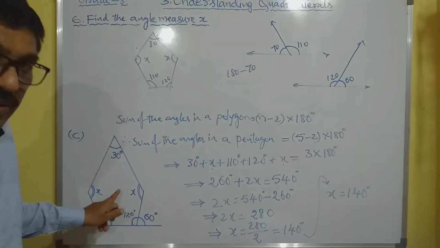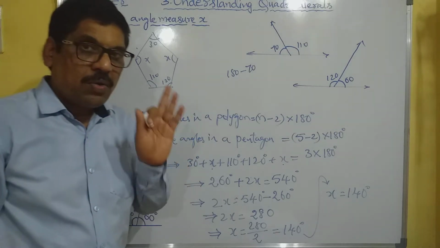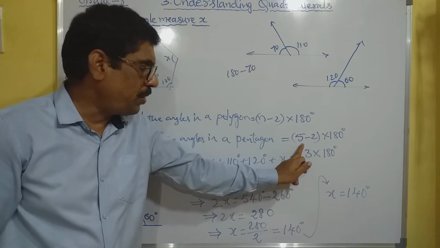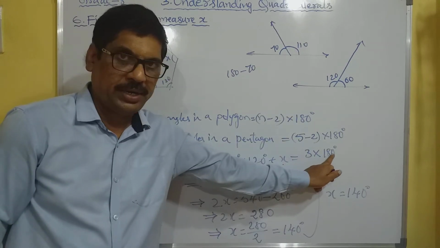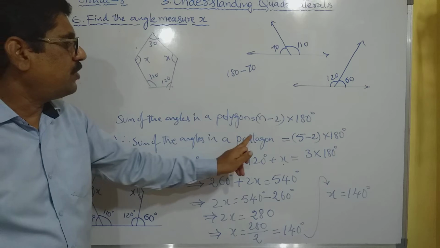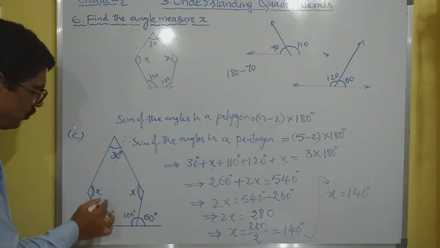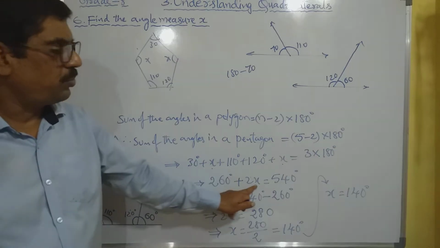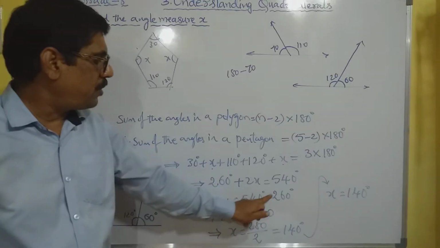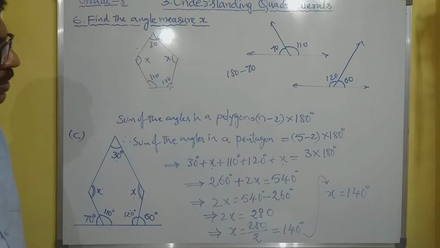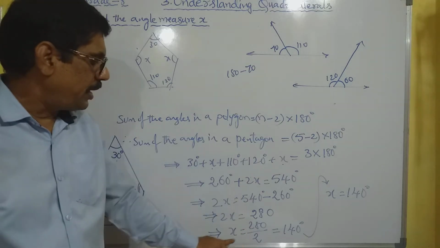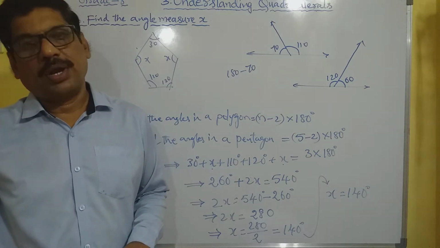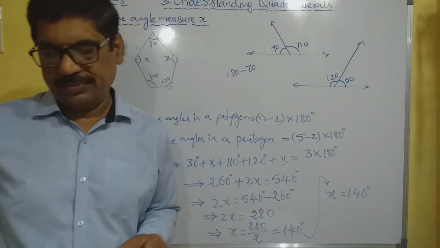As this polygon is a pentagon, there are 5 sides, so we take n value as 5. 5 minus 2 into 180, that is 3 into 180. The sum of the angles in the pentagon means we have to add this one, this one, this one, this one, this one. If you add all these 5 angles, we get 260 plus 2x. So 2x is equal to 540 minus 260. So that will be 280, x is equal to 280 by 2. Therefore, x is equal to 140 degrees. Okay, did you understand?